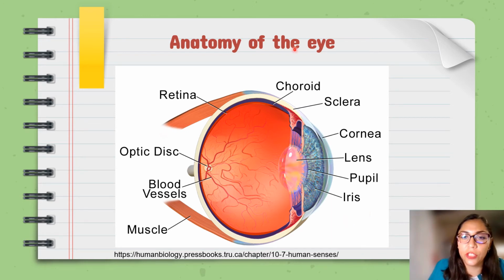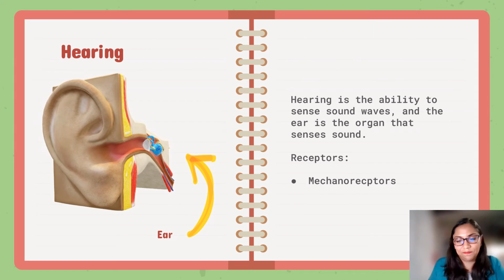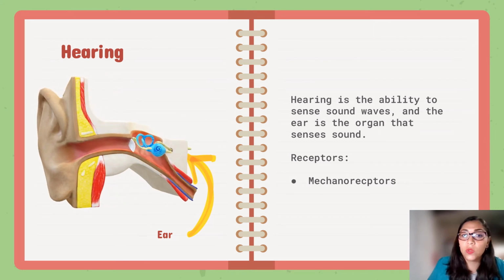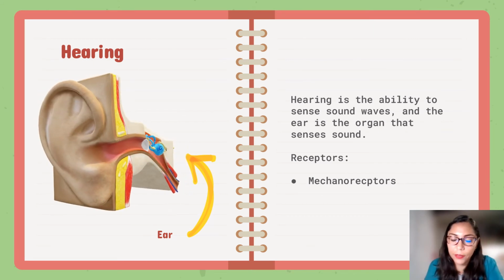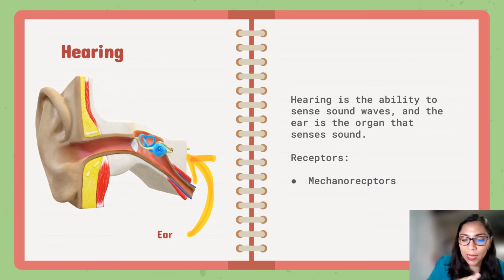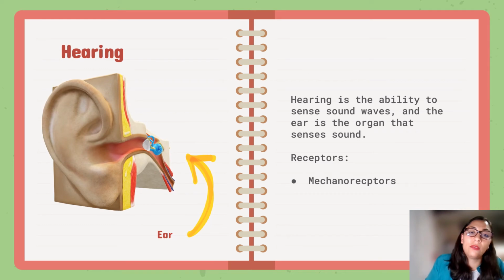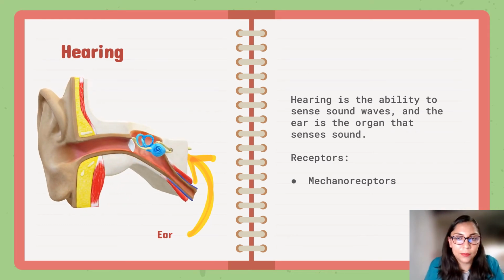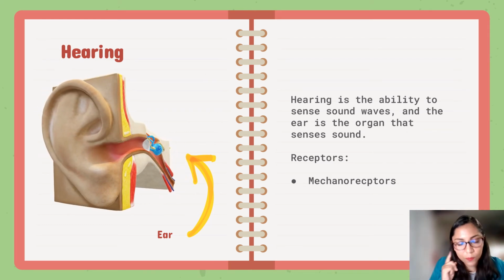Okay, we're going to continue with another sense. Hearing. Hearing is the ability to sense sound waves. The sounds are vibrations that move in the air as waves. The ear is the organ that senses sound.